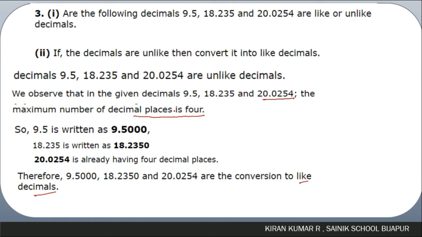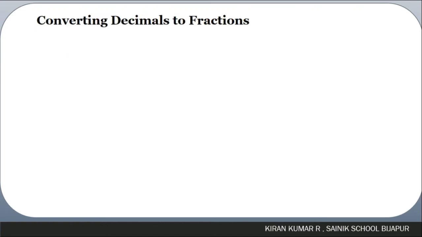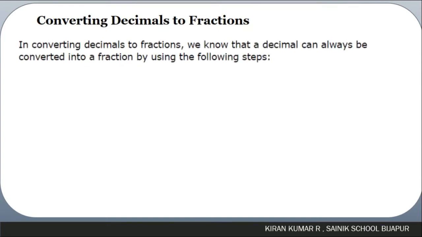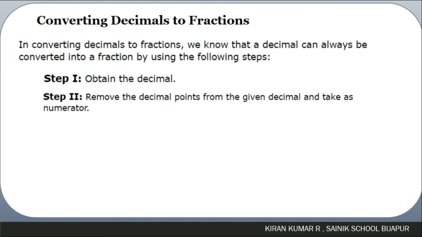Let us now learn the concept of converting a decimal into a fraction. In converting a decimal into a fraction, we follow a few steps. The first step is to obtain the decimal. The second step is to remove the decimal point from the given decimal and take it as the numerator.